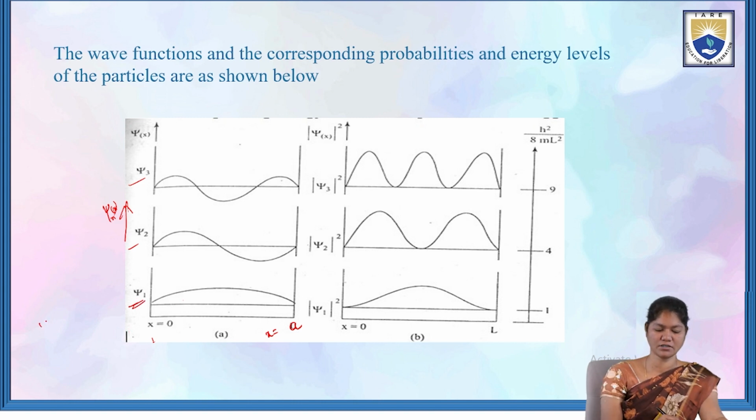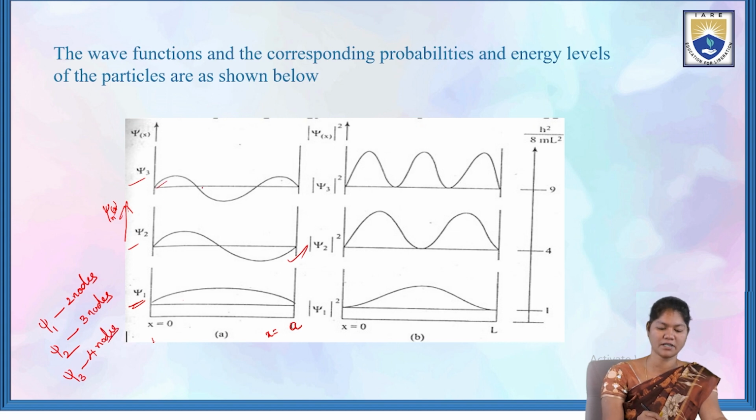Psi 1 has two nodes, psi 2 has three nodes, and psi 3 has four nodes.